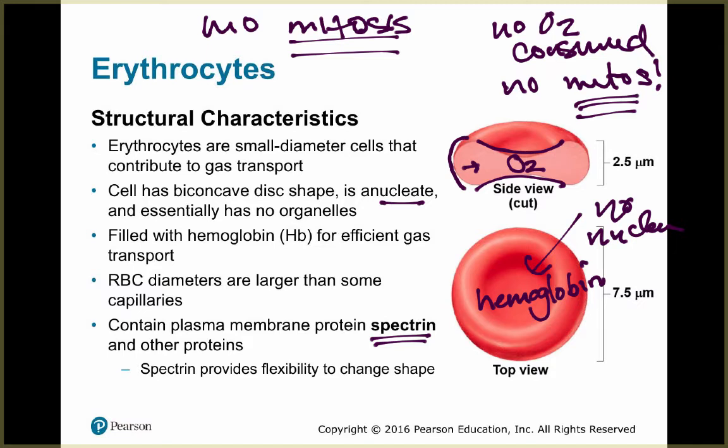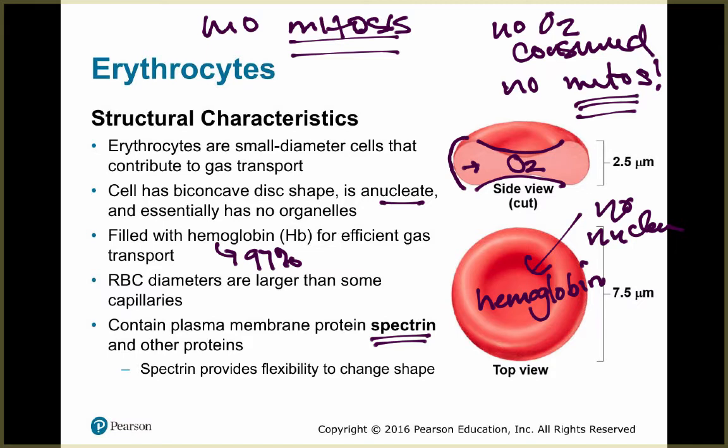About 97% of the cell volume is hemoglobin, so it's going to be able to grab onto that oxygen effectively. It's going to be able to get into very small vessels because of the spectrin that's on the outside of that membrane, that protein that allows them to be very, very flexible.